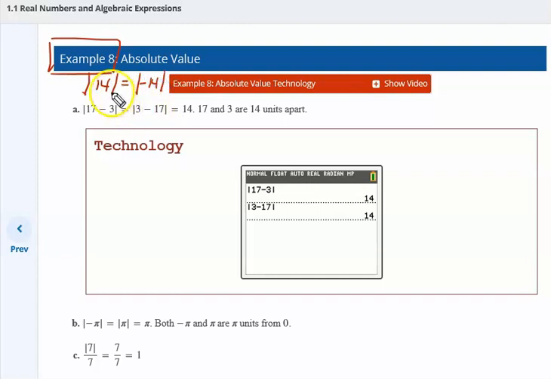And you'll notice that the distance that they are from 0, in this case, is 14 units. And in this case, it's 14 units. Okay. Now let's look at another.